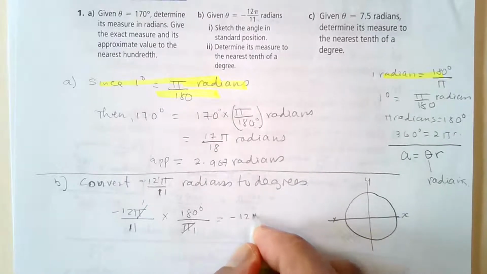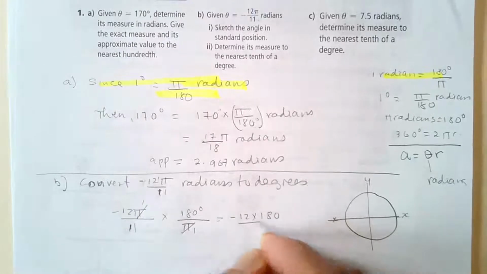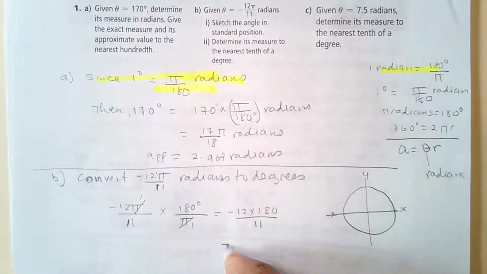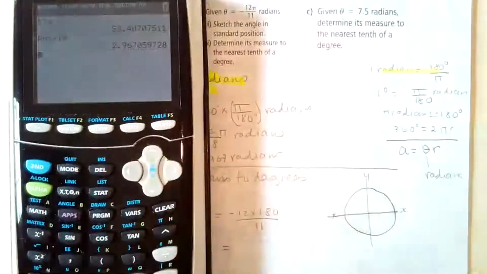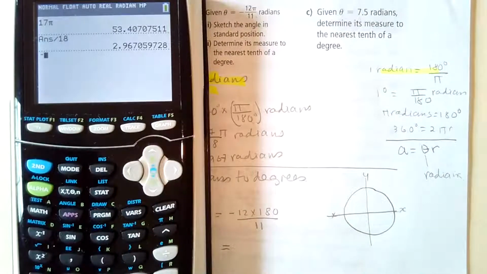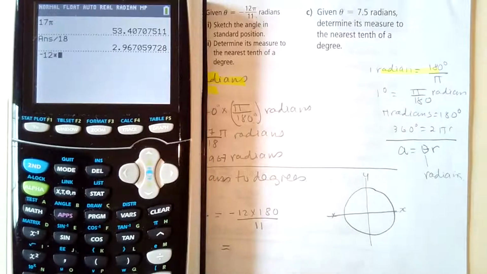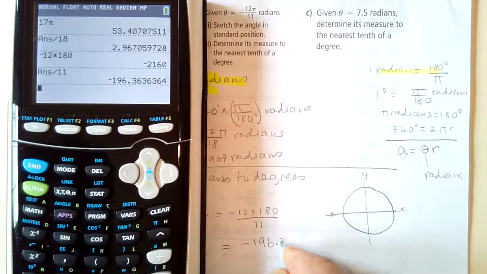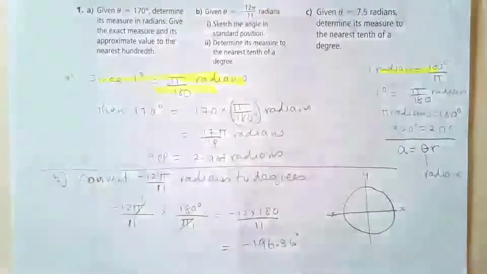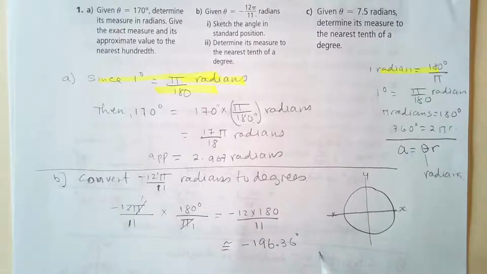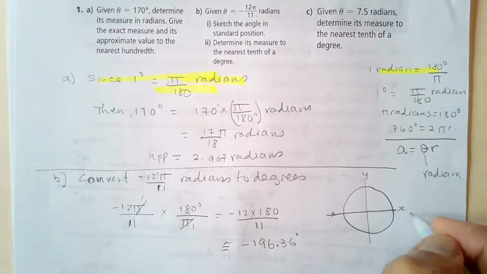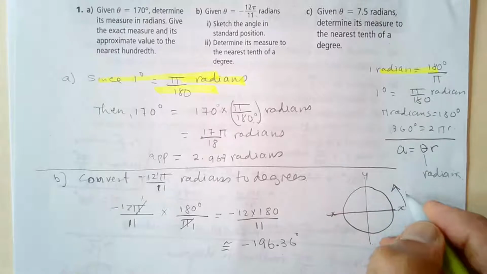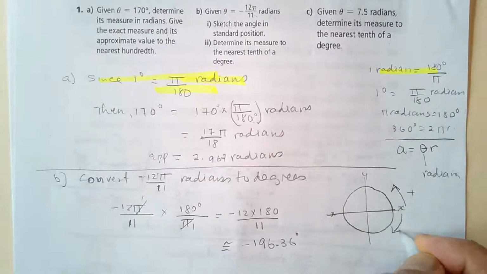And we're left with negative 12 times 180 over 11. Now, what will that be? Negative 12 times 180 divided by 11, negative 196 degrees, negative 196.36 degrees approximately. Now remember, going counterclockwise is a positive angle, clockwise is negative.